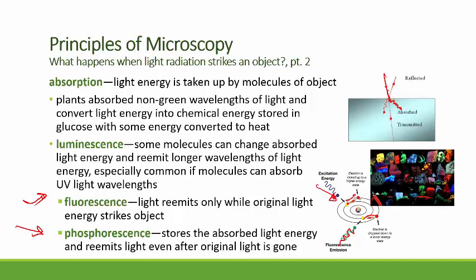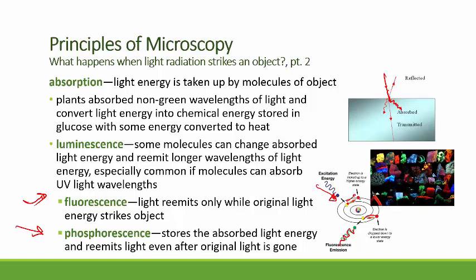That's how fluorescent light bulbs work: we are exciting electrons found in the gas inside the bulb and at its surface, and they drop back down to their original energy level, re-emitting the light through fluorescence immediately. Phosphorescence is when the molecule can actually hang on to that light energy for a period of time and then re-emit the light later on.